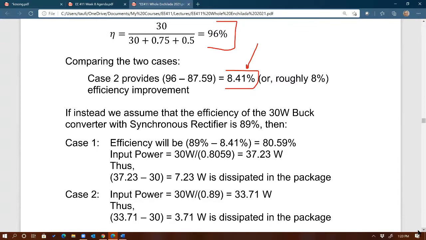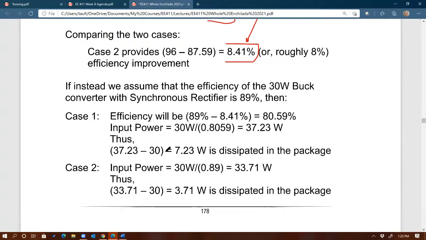Now I can also look at this benefit from a different angle. For example, if instead we assume that the efficiency of the 30-watt buck with synchronous rectifier is 89%, right? So let's draw this. Let's have again two different cases, right?